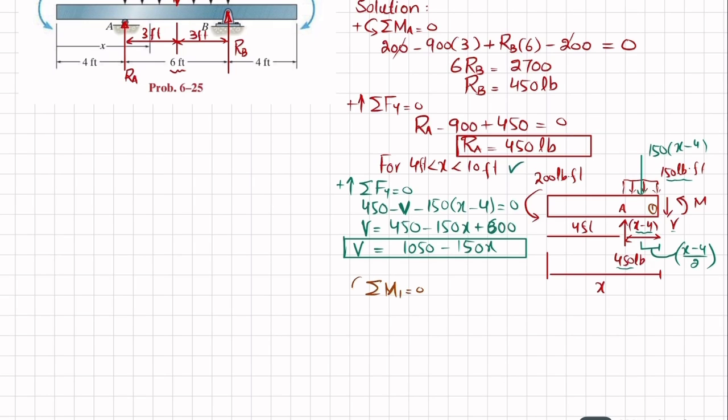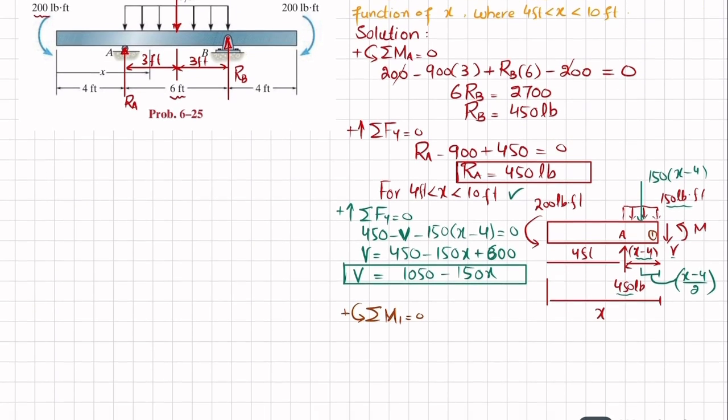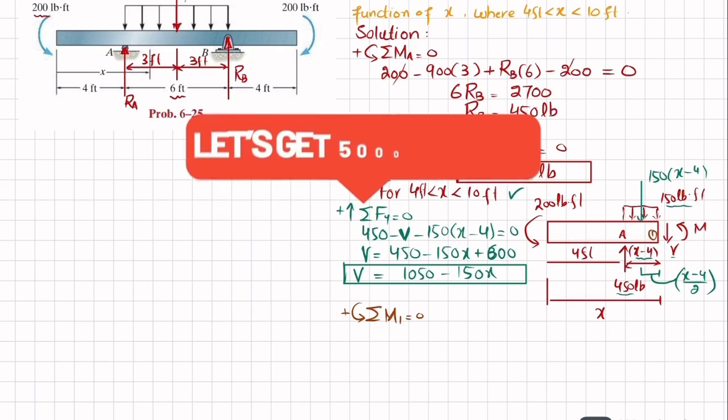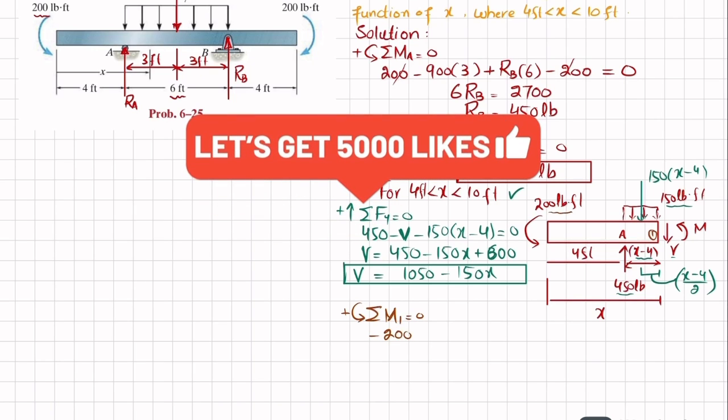Now we'll apply another equation, the sum of all moments about this point, let this be point 1, equal to 0, taking counterclockwise moment as positive. About point 1, one moment is this 200, counterclockwise, so it will be taken as plus 200.